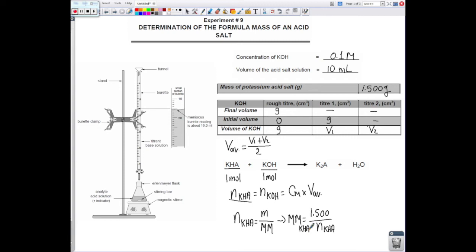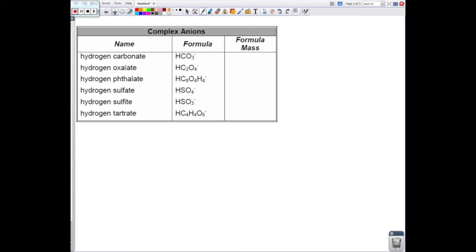Now you will have a table that contains the possible complex ions that you have used. The anion in the acid salt that you have used is going to be one of the possible 6 choices. That's why you need to calculate the formula mass of each.